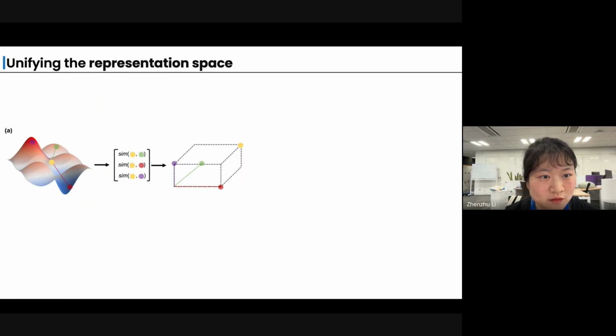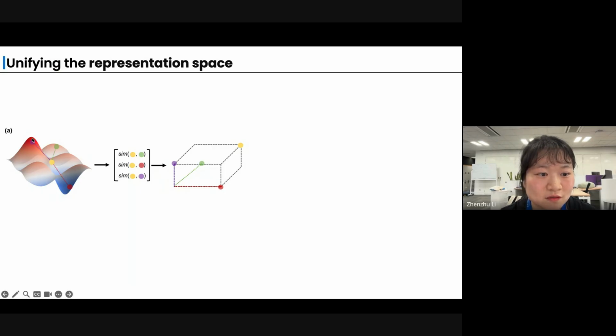So the way we try to construct this unified representation space is to use the anchor-based projection. The anchors are points that we sampled in all the embeddings we care about.